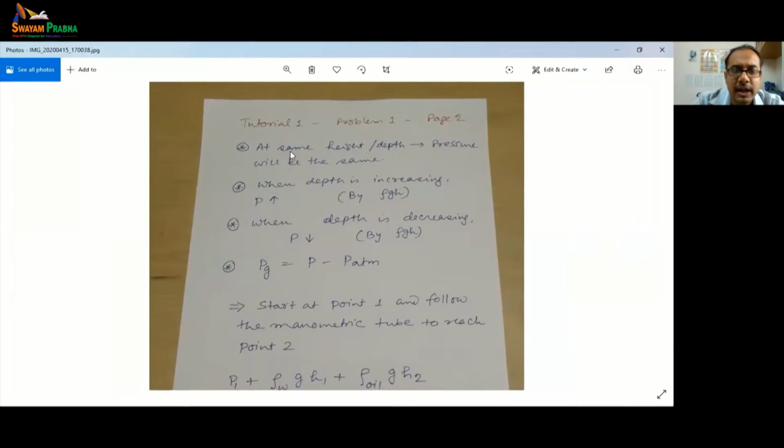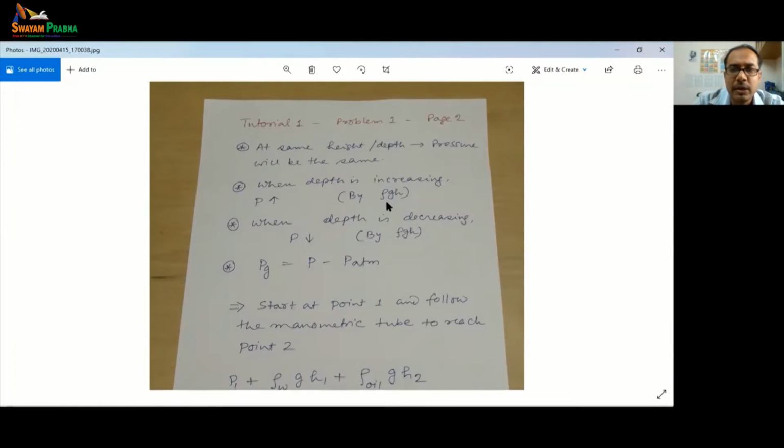First is at the same height or depth, if the column fluid remains the same, then pressure will also be the same. And the next one is when the depth is increasing, pressure will also increase. So this upside arrow that we are using means increases. So when the depth is increasing, pressure is also increasing, and by how much?